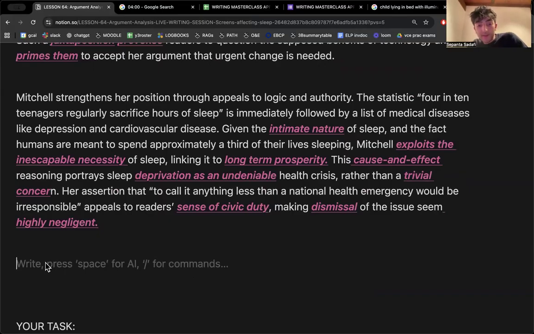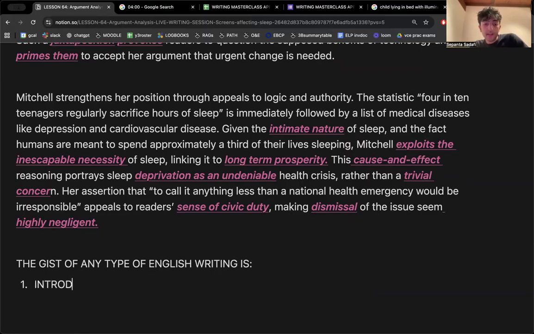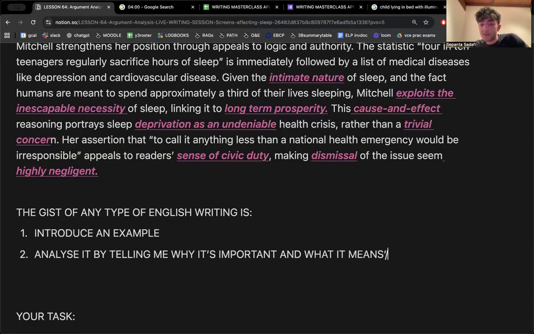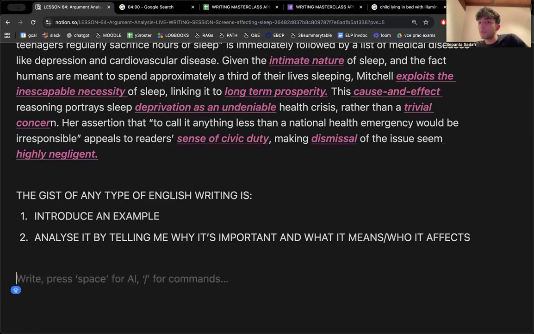So the gist of any type of English writing, okay, is introduce an example, analyze it by telling me why it's important and what it means, who it affects, right? Constant back and forth, right?